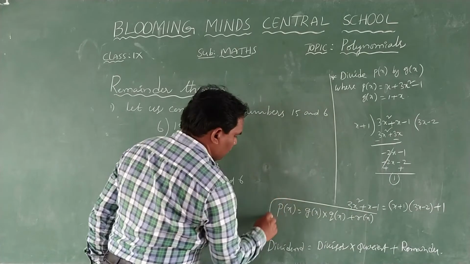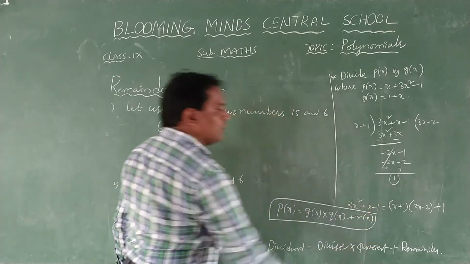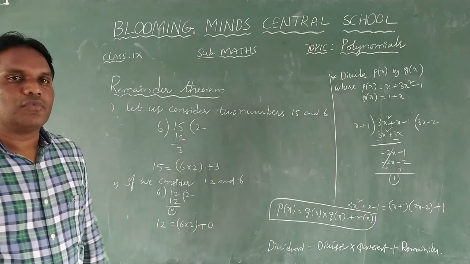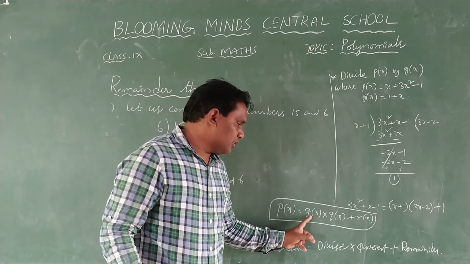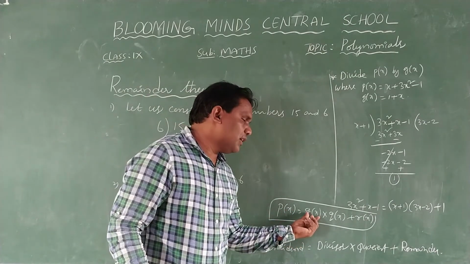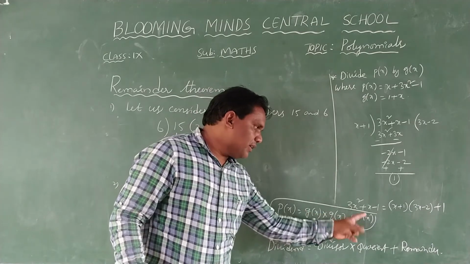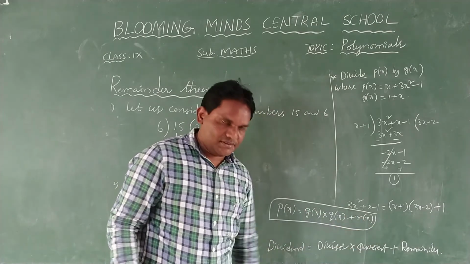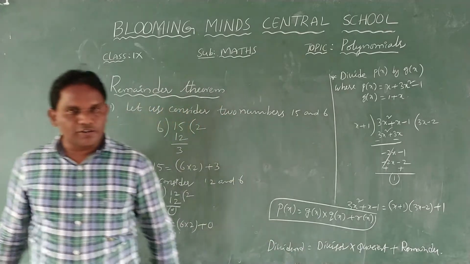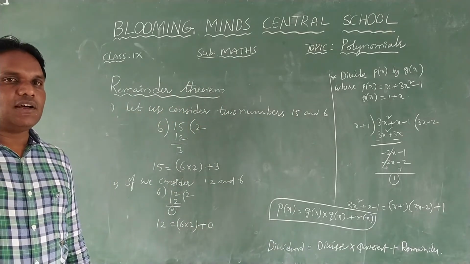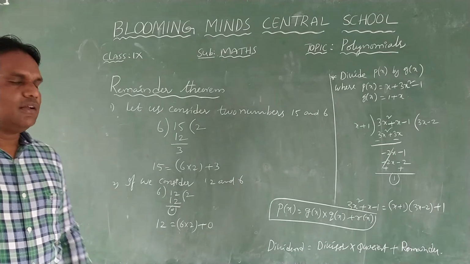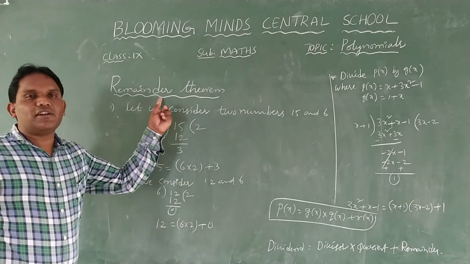This is nothing but the rule for the remainder theorem. So here we have to conclude that the degree of R of x must be less than the degree of G of x. Then only it is possible. So we'll define the remainder theorem now.